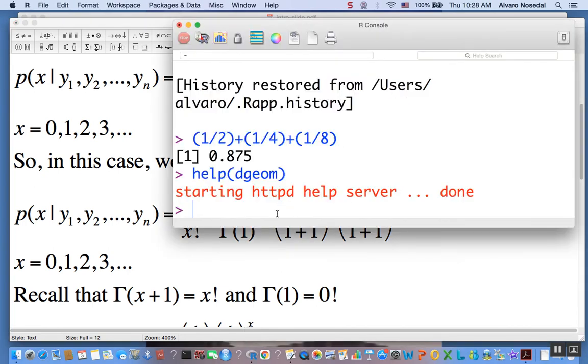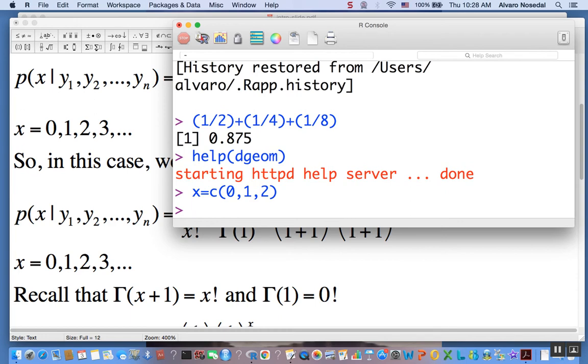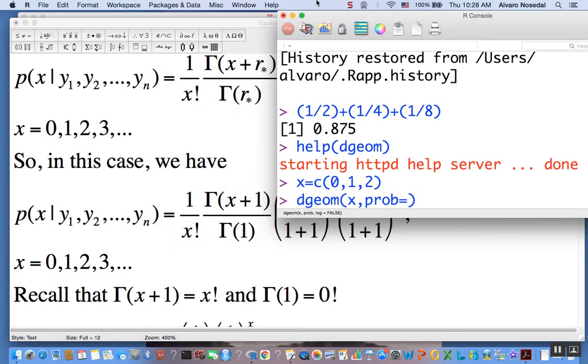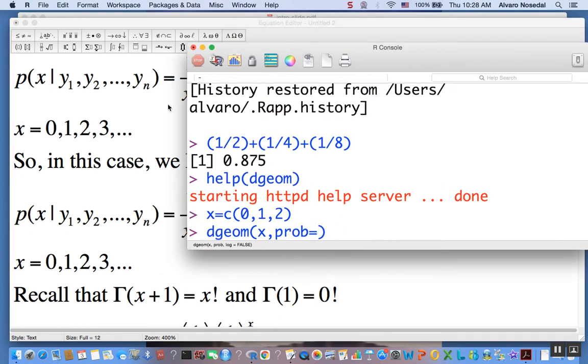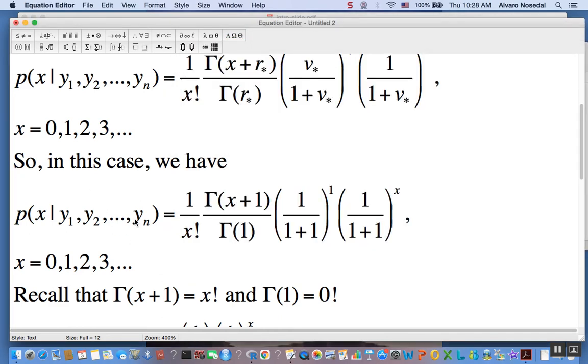First let's create a list with the outcomes of interest, so 0, 1, and 2, right? If we use the dgeom function, we're going to be evaluating the probability mass function at the points that we defined, 0, 1, and 2, and we know that the parameter p, the probability of success, is 1/2 in this case, right? We have it here.